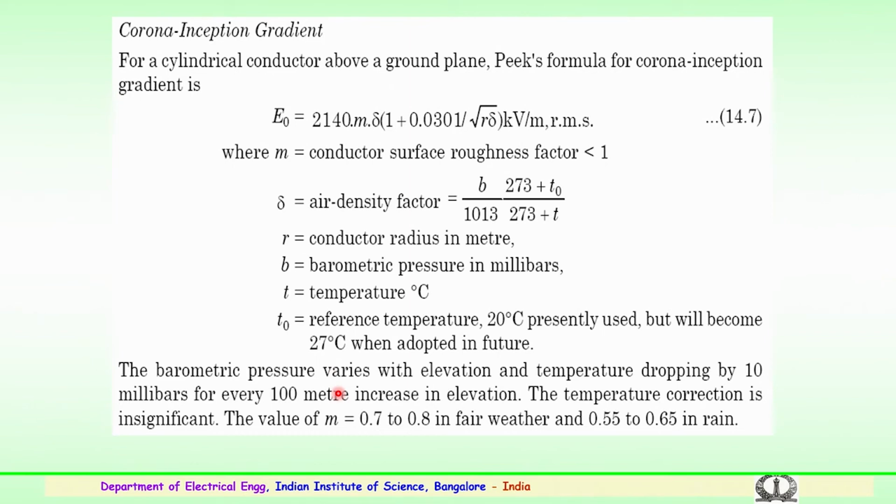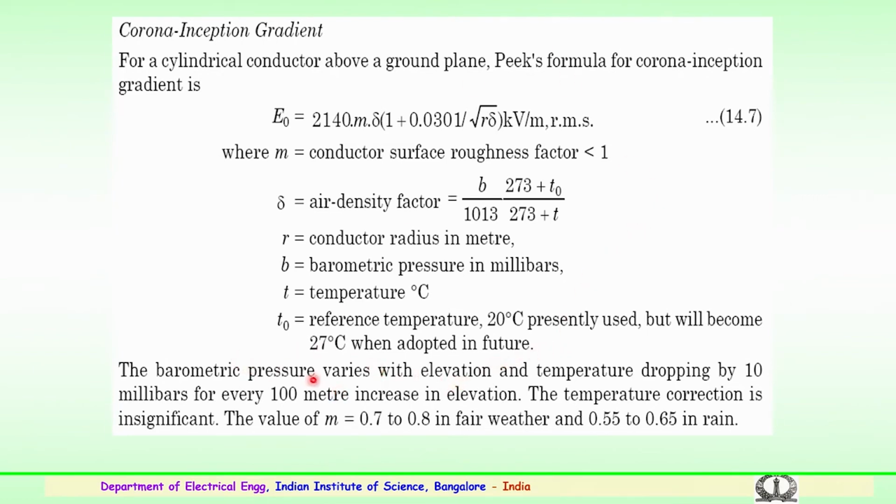So, usually standard temperature as per STP, standard temperature and pressure conditions, 20 degrees is being used as a reference temperature. This is again planned to be considered in the revised standards as 27, maybe in future in case this value is adopted, the reference temperature could be 27. Presently as per the standards it is 20 degree centigrade, which is taken as a reference temperature.